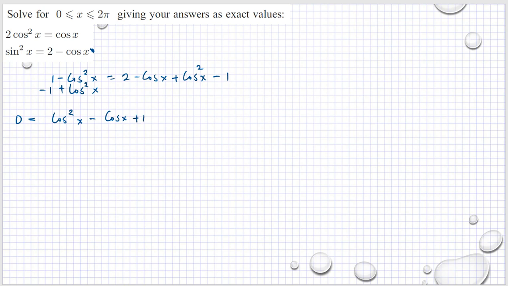So let's say cosine x is equal to, let's say, t. Then we have t squared minus t plus 1 is equal to 0.